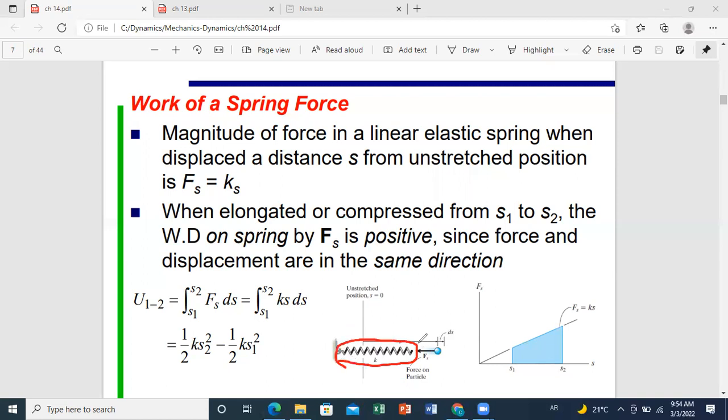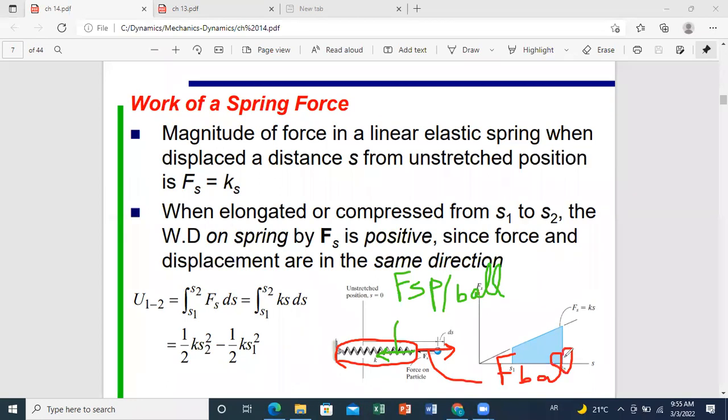Whenever I stretch my spring, the spring will develop on me a force that is opposite to the stretching effect. So the green force represents the force of the spring on the ball, while the red vector represents the force of the ball on the spring.